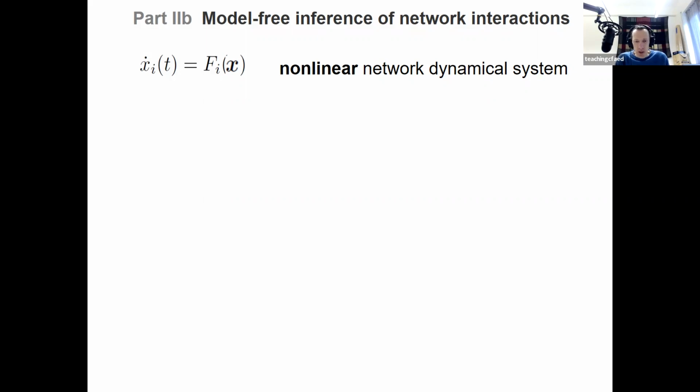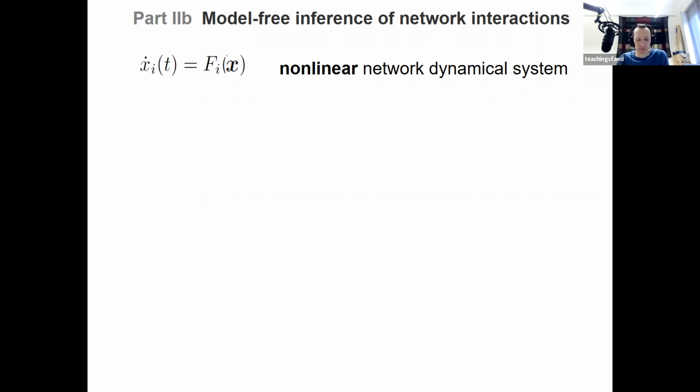The last time we did the first steps towards inferring properties of network dynamical systems from recorded time series. And the basic property we tried to deduce with the methods introduced last week was the number of variables of a network, or if each unit has one variable, the number of units in a network.